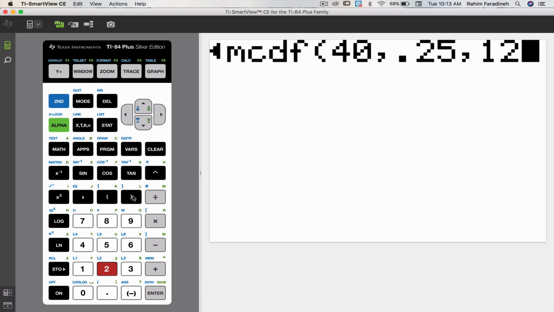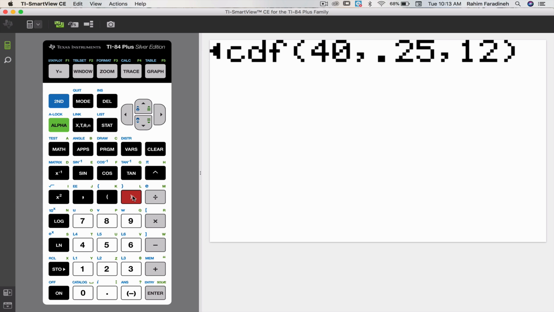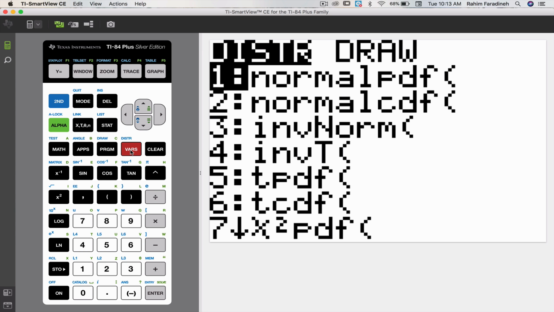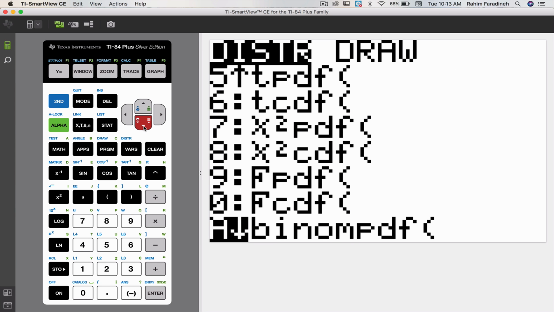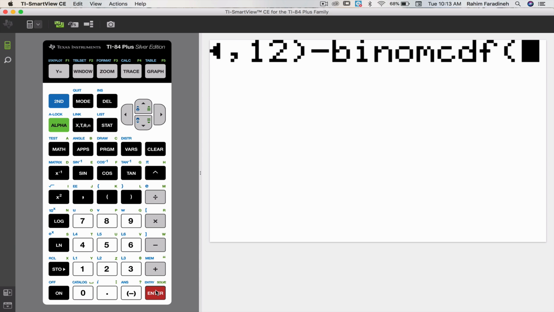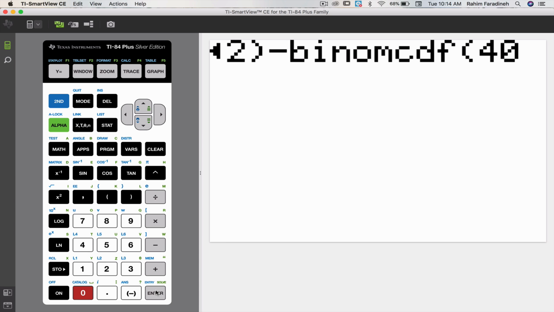I close this parentheses. Now I want to do minus, so I press the minus sign, which is directly above 7. Now I want to do a second binomial CDF, so I go second vars. I go down until I find binomial CDF, so arrow down several times. I select the binomial CDF by pressing enter. So my n was equal to 40, comma.